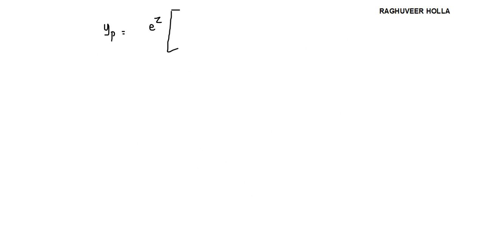So I'll get (D1 plus 1) whole square minus 2 (D1 plus 1) plus 2, multiplied with sine z.